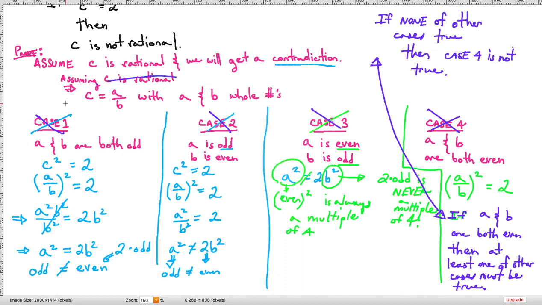I assumed that C was rational. This implies C is not rational. And that word is irrational, as some of you know. Not rational. And this is the argument.